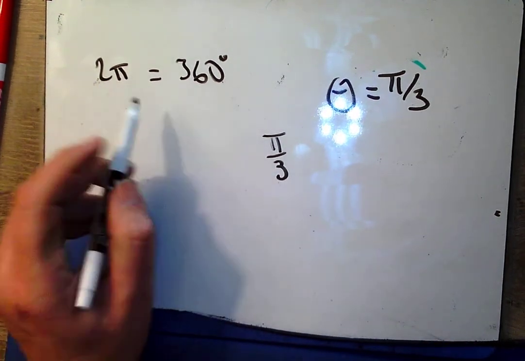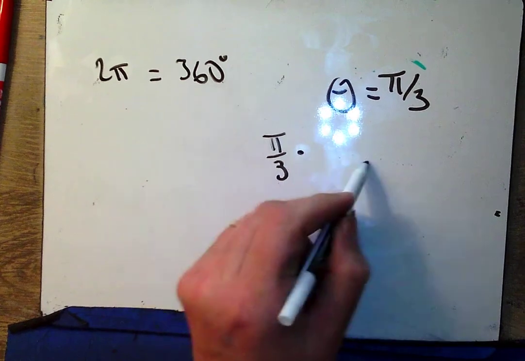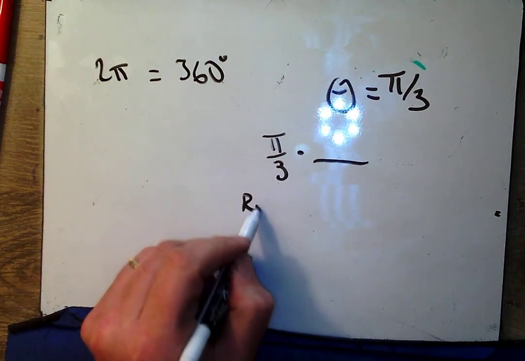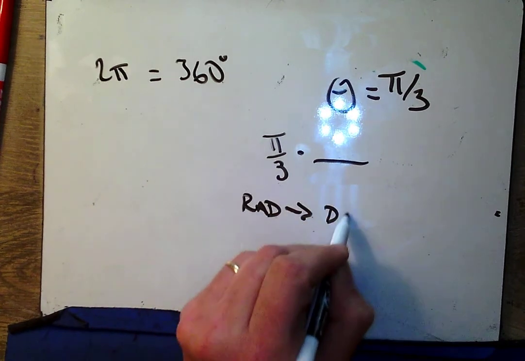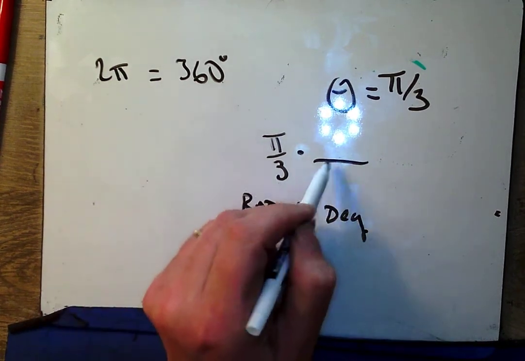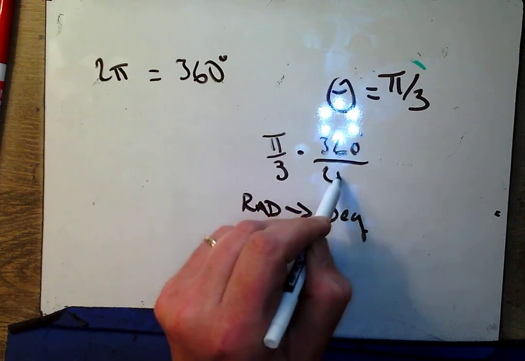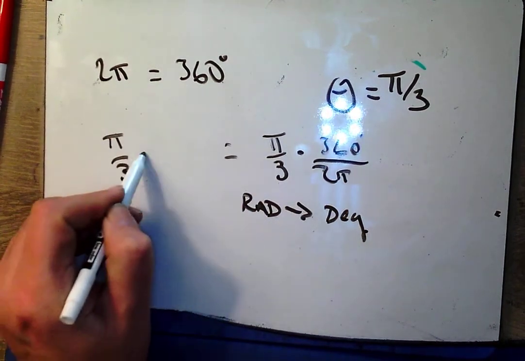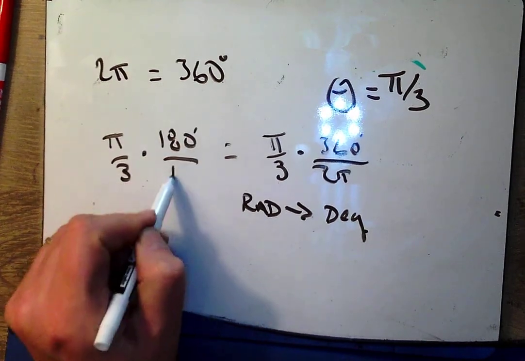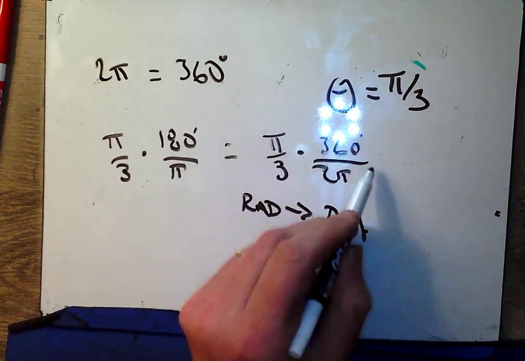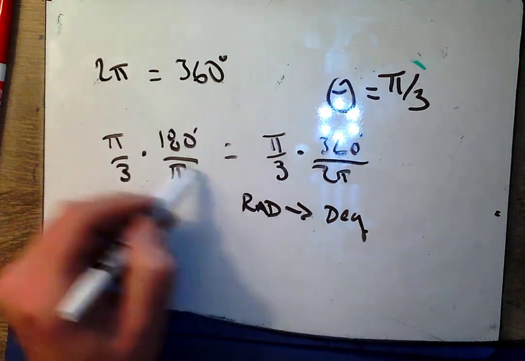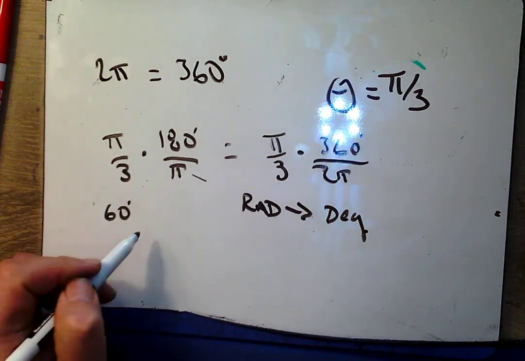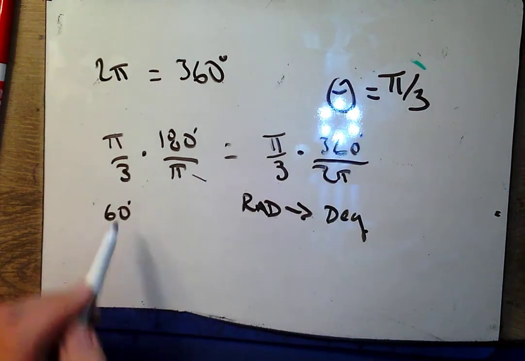Well, what I want to do is multiply this by a conversion factor that will go from radians to degrees. And so I want to use 360 over 2 pi. Though you could also use, and I actually prefer this, 180 over pi. Because look, you can take a 2 out of each of those. Because then the pi's cancel, and I'm left with 60 degrees. So this is 60 degrees.